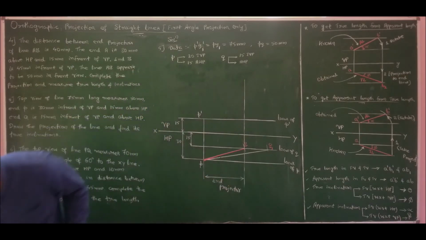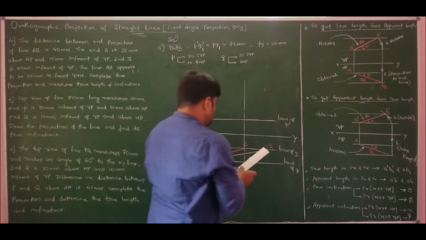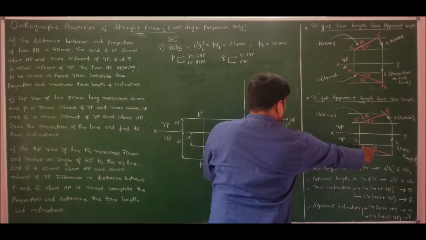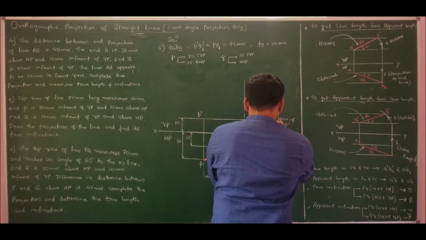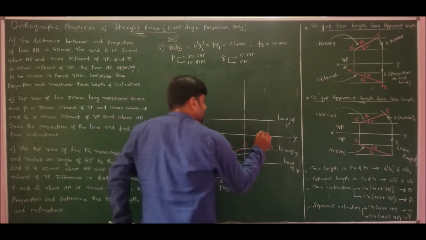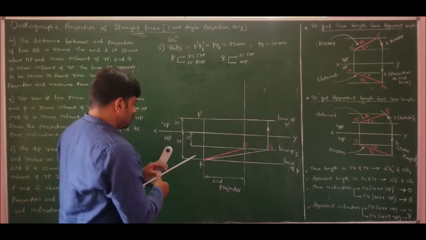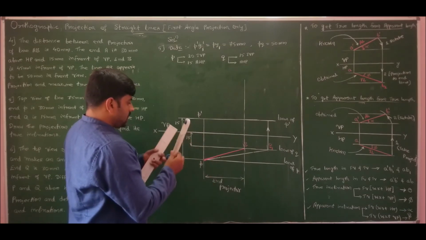That is, first I should drop a perpendicular from true length to get apparent length, to the initial end of the line, that is the locus of initial end. Locus of initial end is P. So I draw the perpendicular. Now I should rotate this to intersect the end projector line which I obtained.